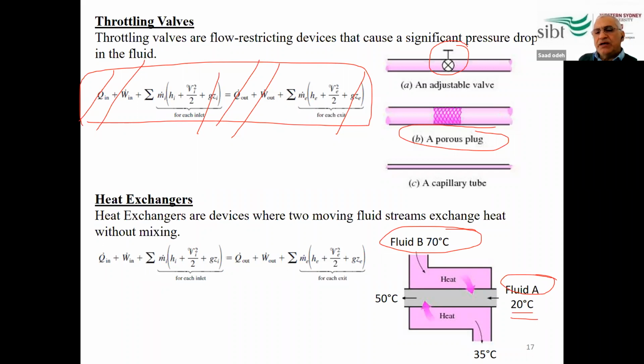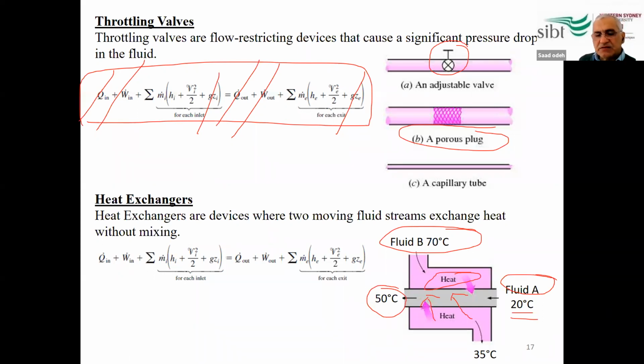What we expect here is heat transfer from high temperature to lower temperature. So the heat transfer will be from fluid B toward fluid A across this pipe. So the heat will flow through the pipe to fluid A, and fluid A then will leave at a higher temperature, at 50.